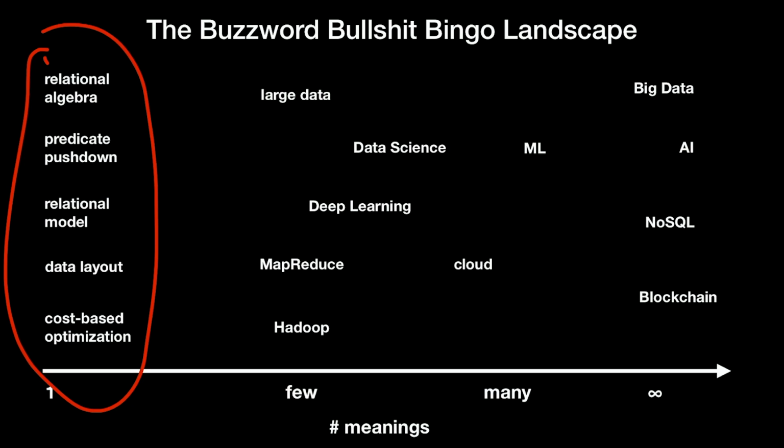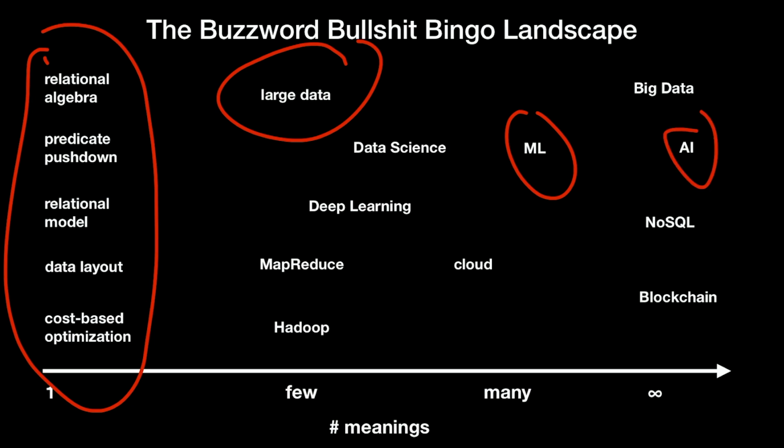For instance, large data. What the heck is large? Large with respect to what? Machine learning can mean so many things. Or these days, it's AI. AI equals large language model. Now you ask Jörg Hoffmann, AI equals automatic planning. You ask someone else, it equals machine learning, equals robots, Terminator, whatnot.